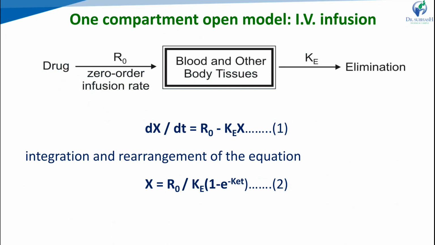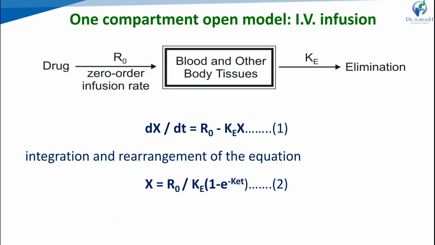In IV infusion, rapid IV injection is sometimes unsuitable when a drug has the potential to precipitate toxicity, or when we require stable concentrations of the drug in the body for the desired time. In that situation, we have to administer the dose at a constant rate.